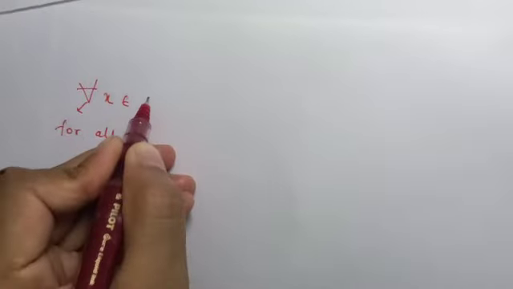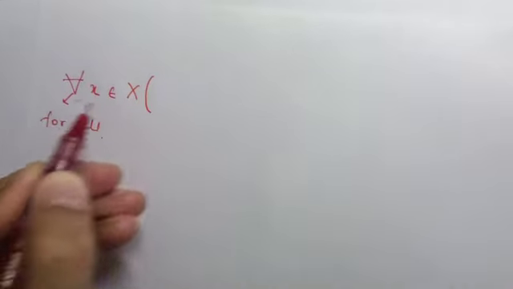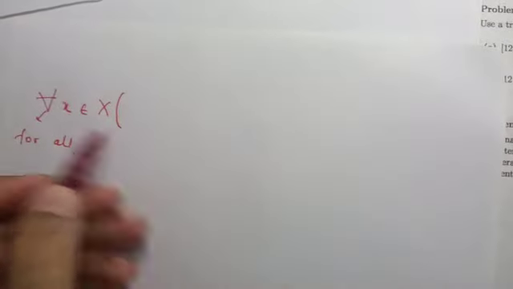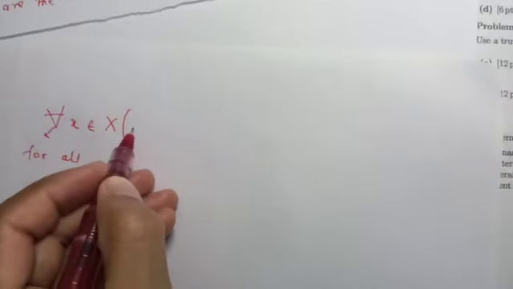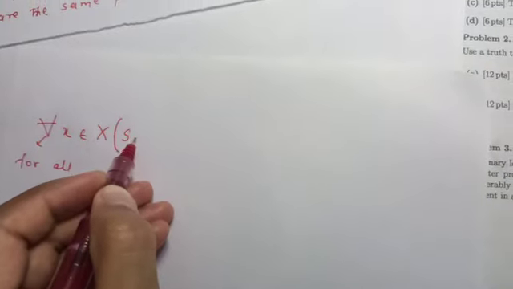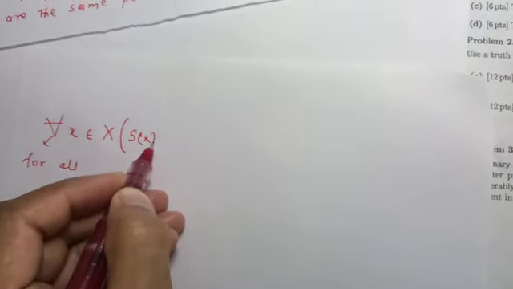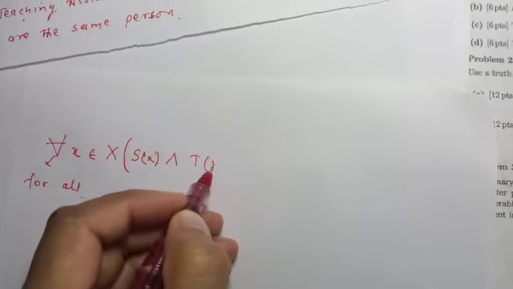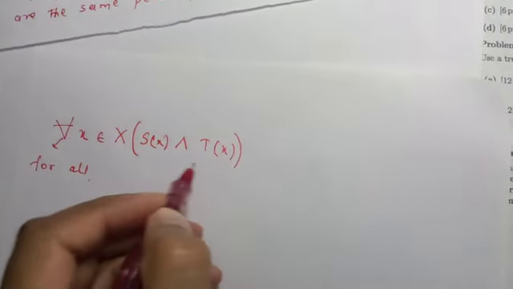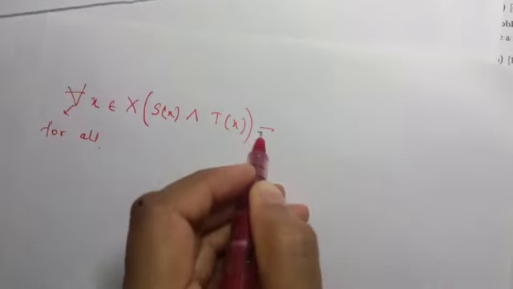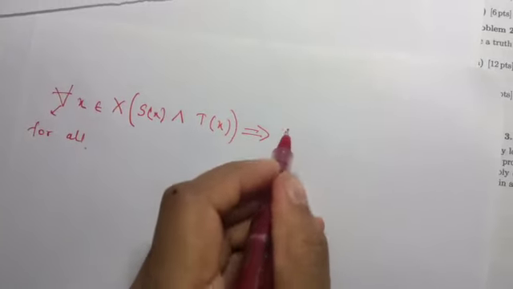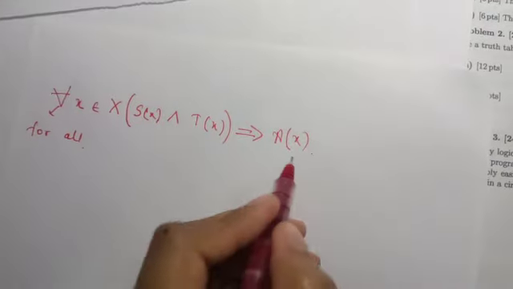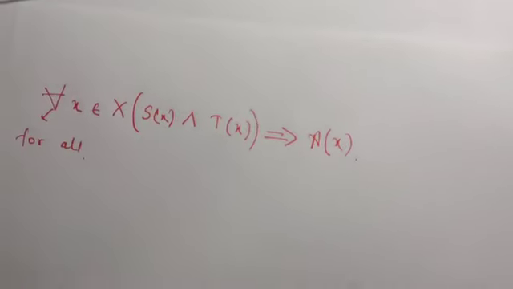elements of the set of people, a few people of this set have done the course and they are in T of X, right? If this is satisfied, then they must have received an A in it.